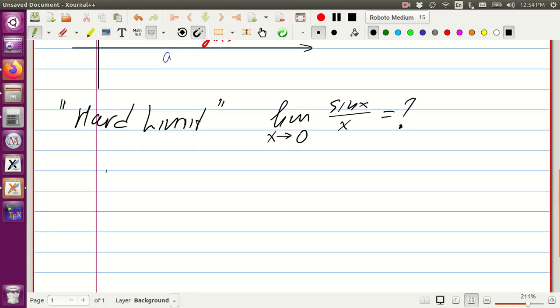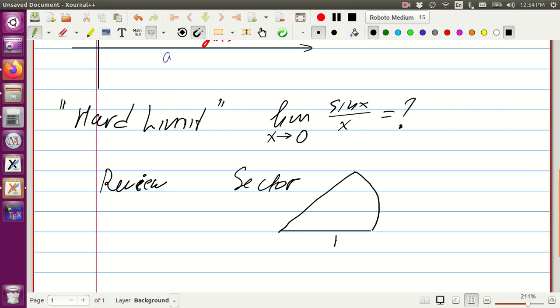But before we do that, we have to do a little bit of review. And our review is about a sector. A sector is just a piece of a circle. The circle has radius r, angle theta, radius r.